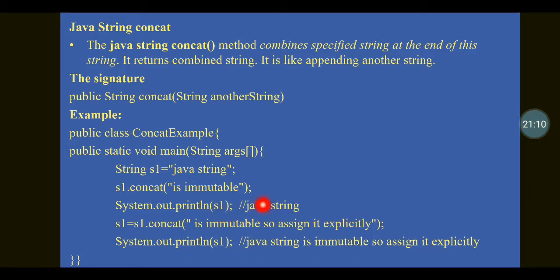It is immutable, so we have to assign it explicitly. The java string is concatenated with the string "is immutable, so assign it explicitly", and that entire thing will be stored in s1 as a new string. So when you print s1 now, it will return the result as "java string is immutable, so assign it explicitly", the entire content will be displayed.